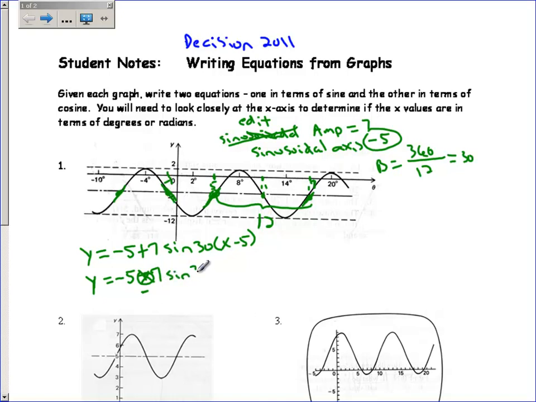So negative sine graph, that number b that comes from the period and dividing the 360, still the same. And then the last thing I have to do here is that shift was a left 1, so that's x plus 1. So are you team cosine or are you team sine? I don't know. Let's do one more example here.